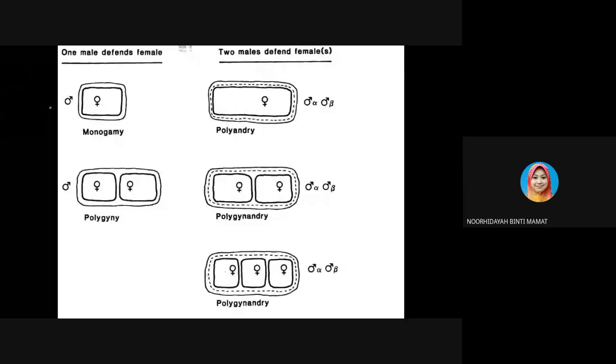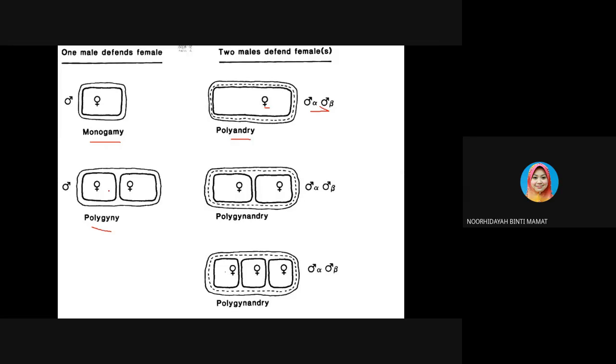If one male to one female, we call it monogamy. If two males to one female, we call it polyandry. If one male to two females, we call it polygyny, right?